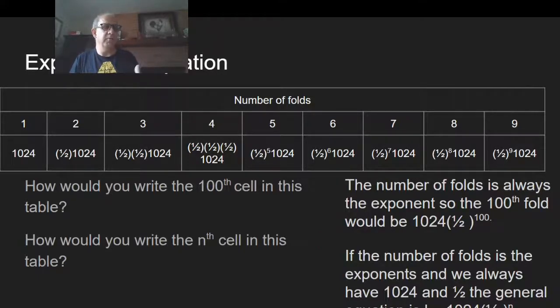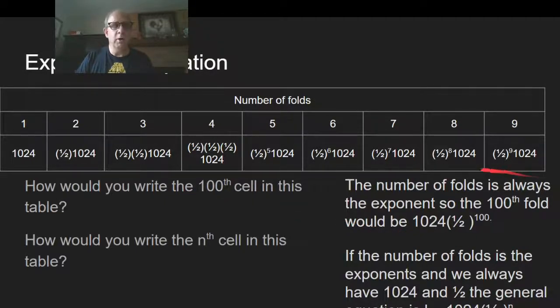So the number of folds is the exponent, and we always have 1,024 and a half is the general equation. So the length of the string, L, is 1,024, the original length, times a half, because I fold it every time, times the number of folds. So a half times a half times a half, the number of times I folded the string.